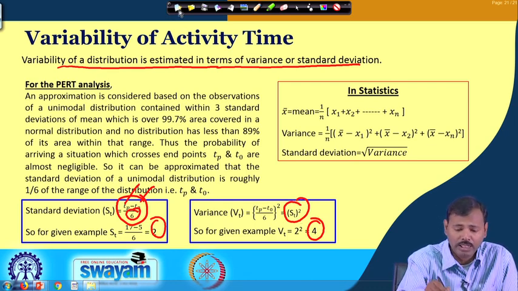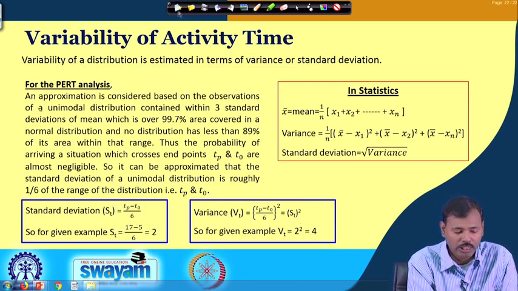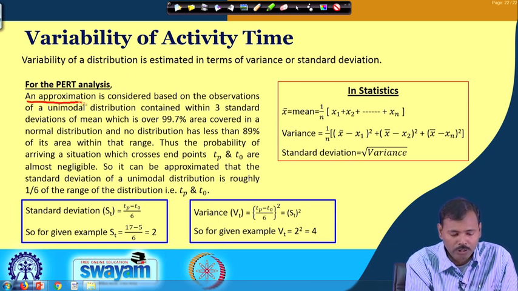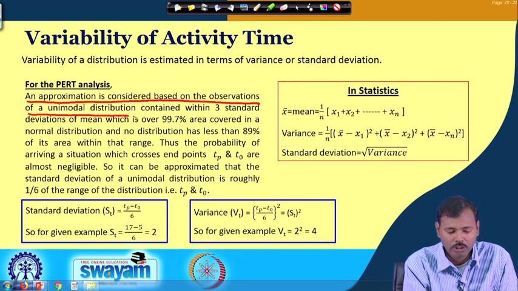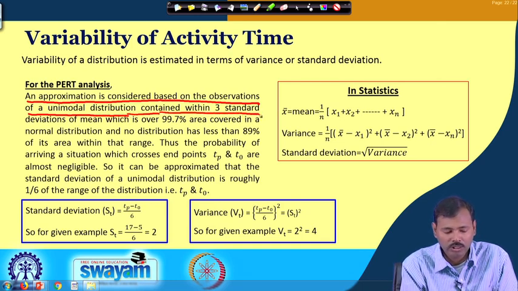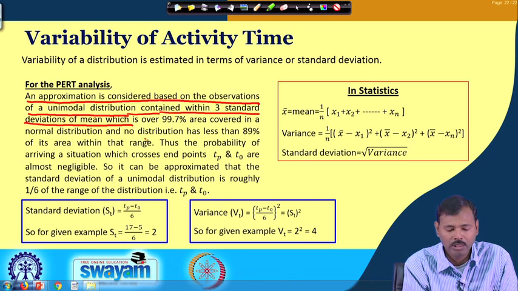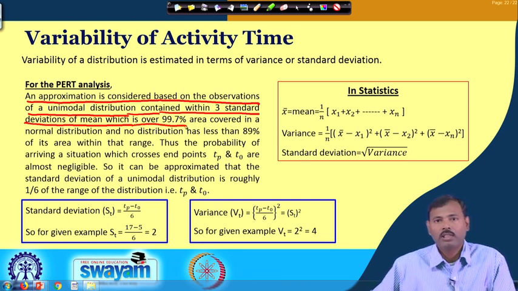Now, this is also another approximation. This approximation is based on the observations of a unimodal distribution contained within 3 standard deviations of the mean, which is over 99.7%.